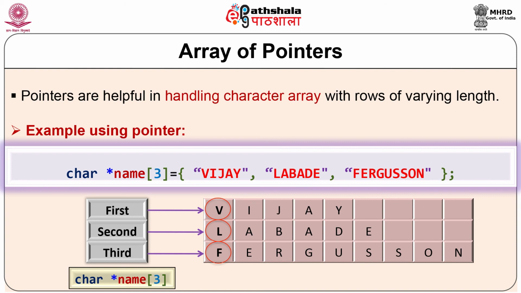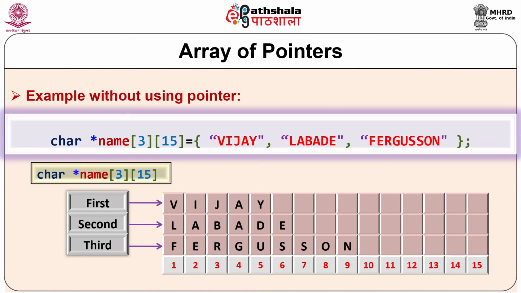Let us go for how we define the same example without pointer. In this example we are using similar syntax, char name[3][15] = { Vijay, Labde, Ferguson }. In this example you can see the size is 15 and name[3]. 3 means 3 different strings.